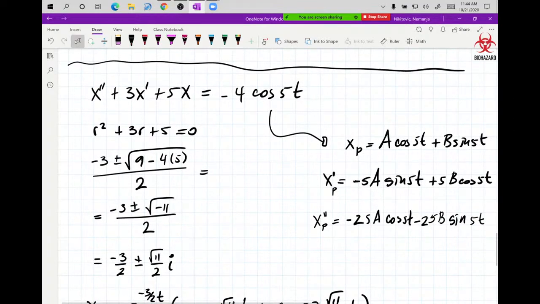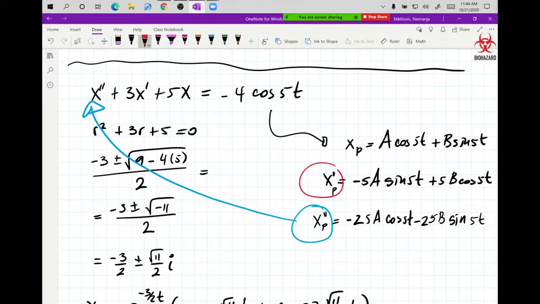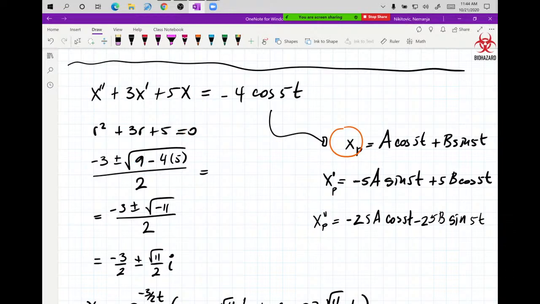So this one goes here. This one goes there. This one goes there. Right, so these are where they plug in. So let's do that.